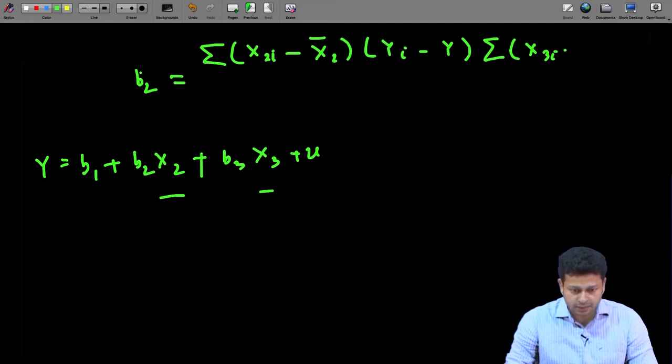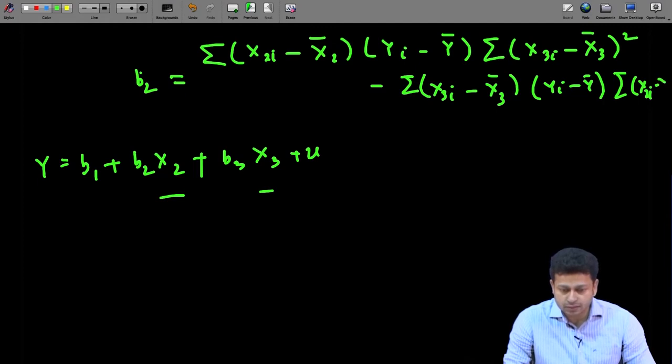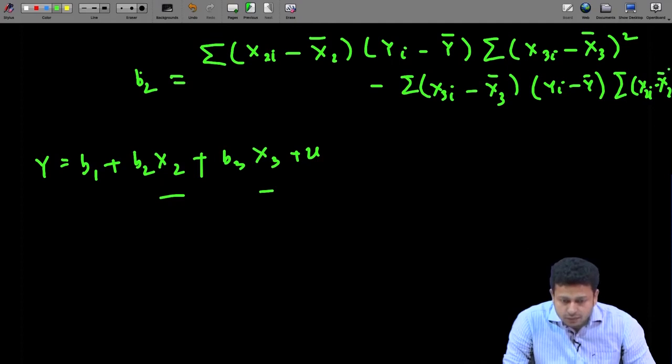It is just for the purpose of illustration. I will have the square, and then in just the same way, x3i minus x3 bar into y bar into x2i minus, sorry about this small 4, and it is all squared.